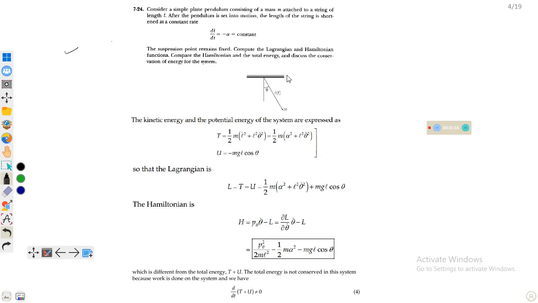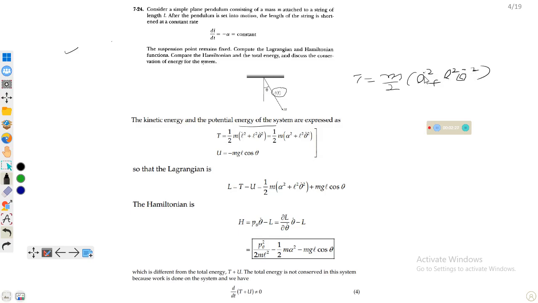First, we have a simple pendulum and it is in two dimensions. This is the mass m and this is L, which depends upon t, and this length will be changing. L depends upon t because L is changing with time, dl over dt. So the kinetic energy for this system will be equal to m over 2 times L dot square plus L square theta dot square.